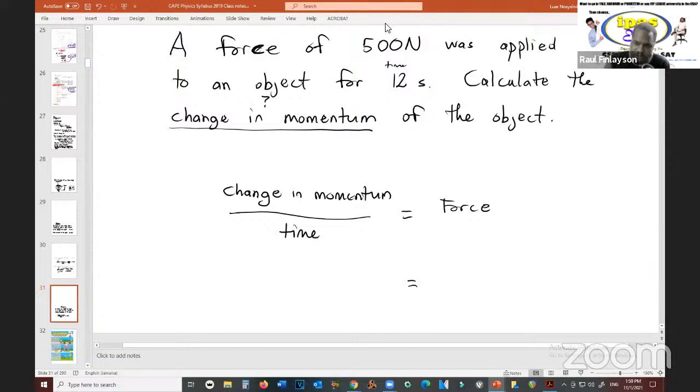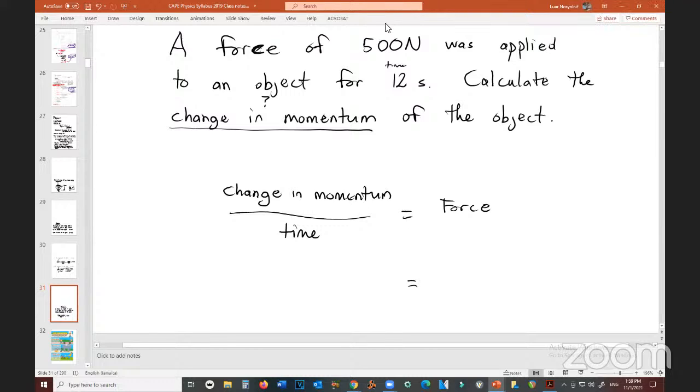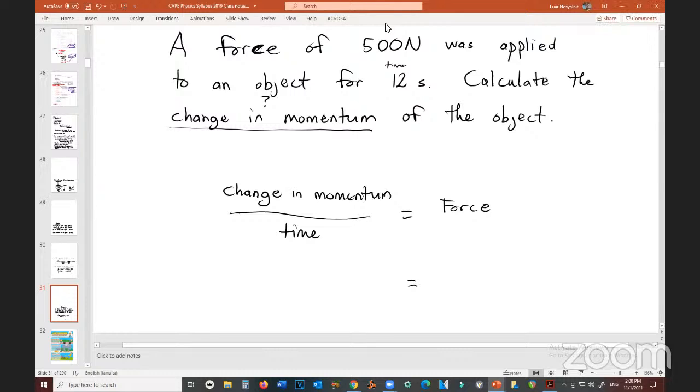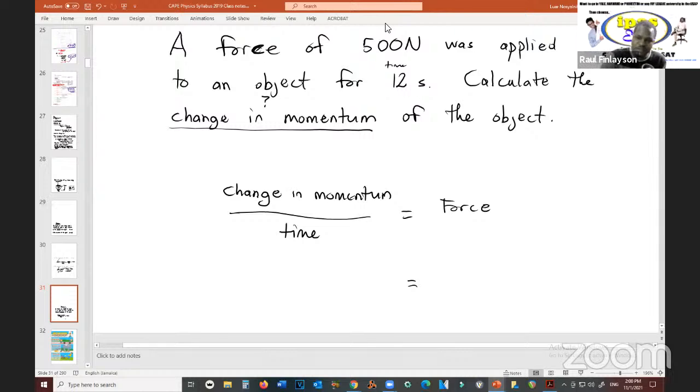Tiffany, what is it you're trying to find? Change in momentum. Kerry's got 6,000, and Tiffany got 41.6. All right. First thing, and that's why I tell students to write the formula first.